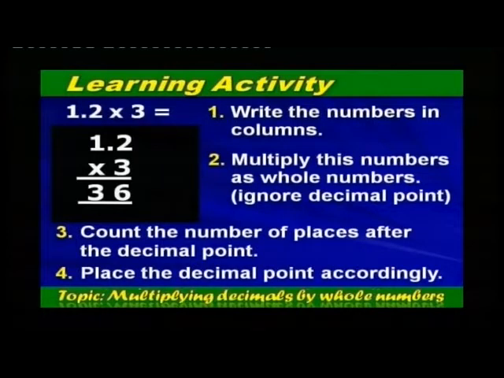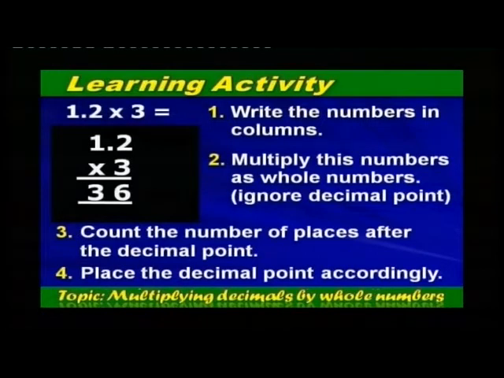Like in that example, we have found that there is 1 decimal place in the factors. So your answer should have how many decimal places? 1, 3, or 2? It will have 1 decimal place, because the factors that you have multiplied have 1 decimal place.